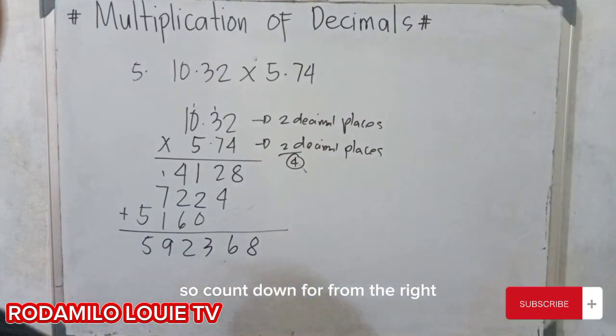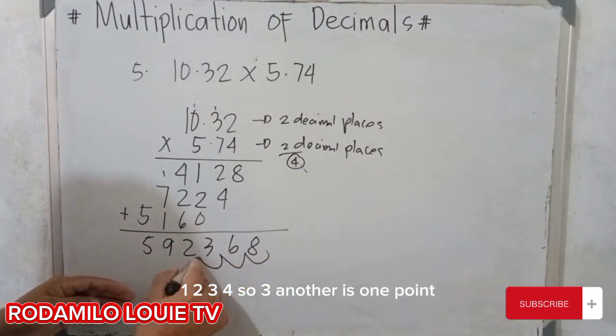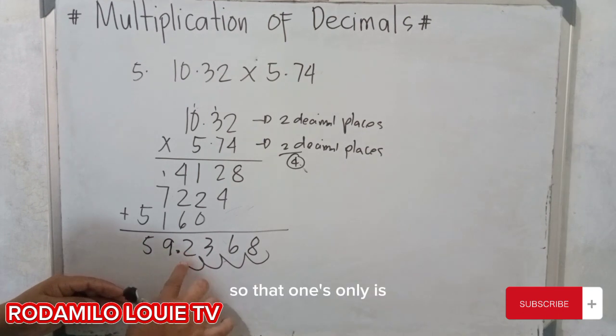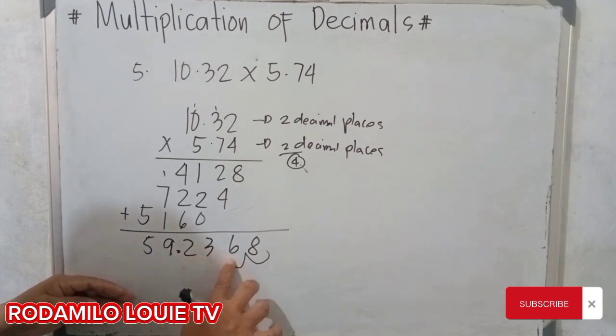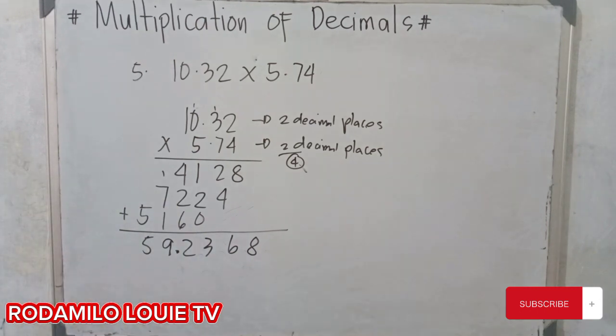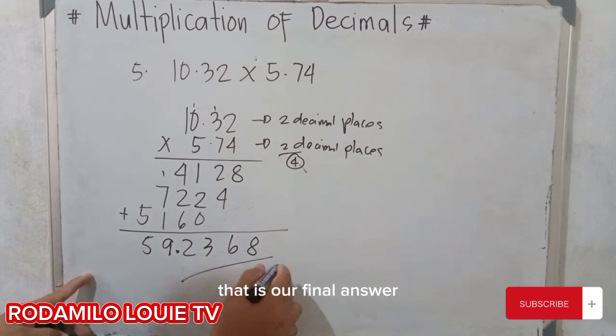So count 4 from the right. 1, 2, 3, 4. So here is our decimal point. So our answer is 59 and 2,368 thousandths. So that is our final answer.